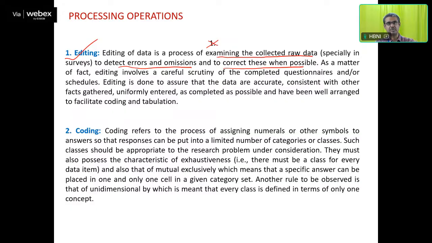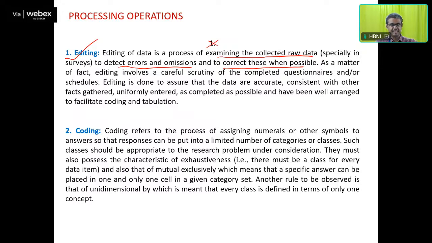Software will be discussed in subsequent classes by Kalul sir, who will probably come after two of my lectures. Editing is a process of examining the collected raw data to detect errors and omissions and to correct these when possible.